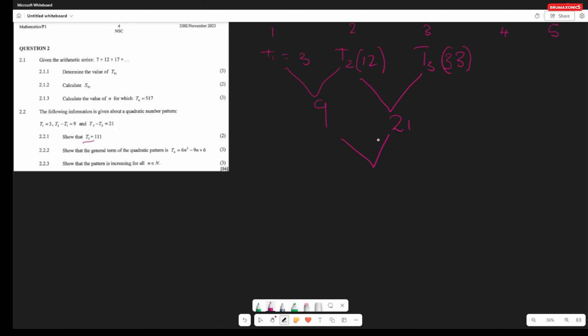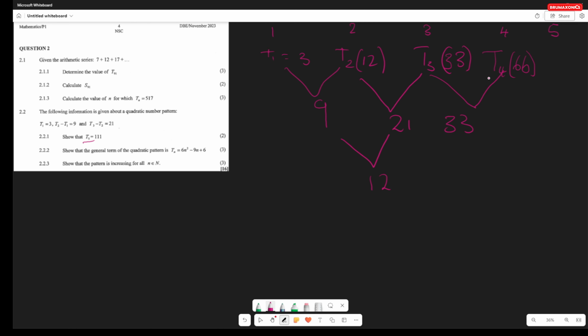Here we have 21 minus 9, and that will give us 12. And then 12 plus 21 will give us 33. And then 33 plus 33 will give us T4, which is 66.